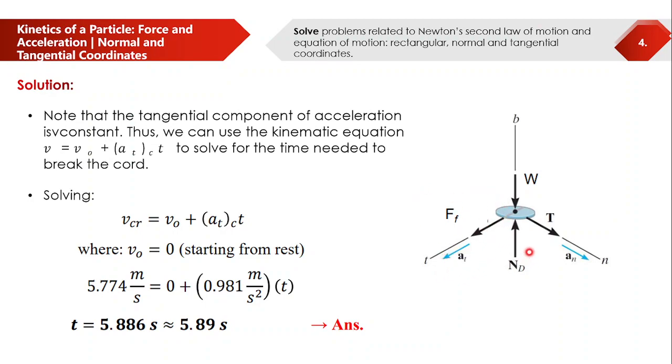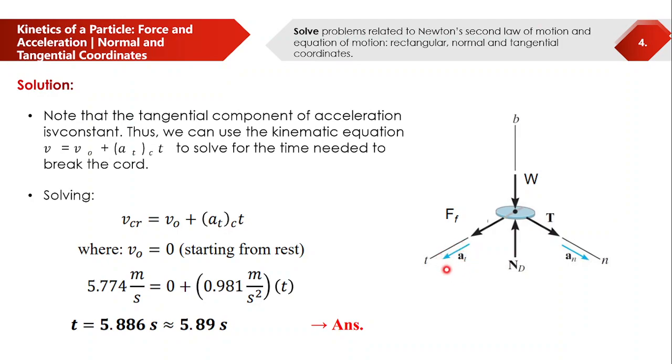So sa normal component naman, na-solve natin doon yung critical speed na kailangan natin to break this cord, di ba? So na-solve natin doon yung velocity or critical speed na kailangan. And then sa binormal naman, nakuha natin doon yung normal force. And then the normal force na na-solve natin, ginamit naman natin to solve for the acceleration.